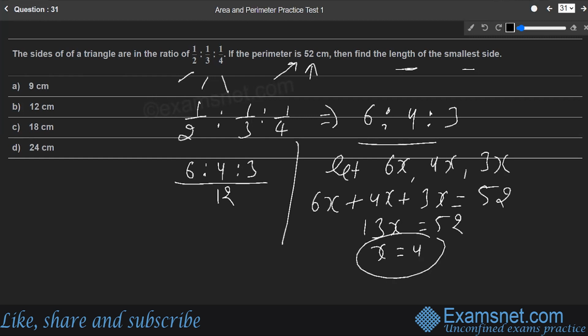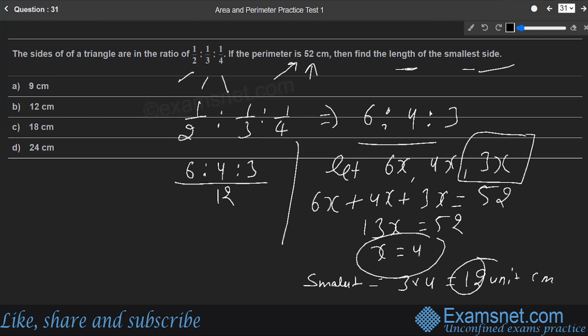By using the x value of 4, we are supposed to find the length of the smallest side. Obviously, the smallest side will be the 3x one. So smallest side value is nothing but 3 into 4, that is 12 units. So 12 centimeter is the length of the smallest side. It is available in option number B. So it becomes the right answer here.